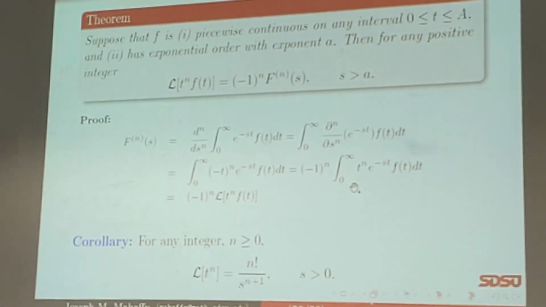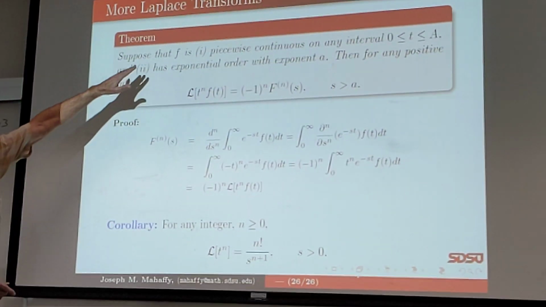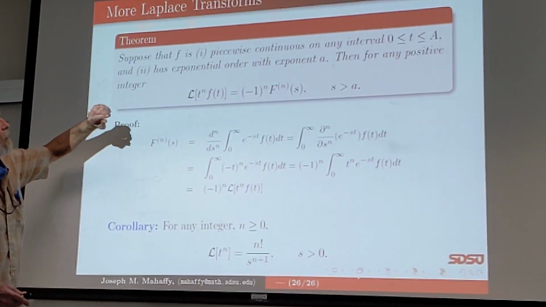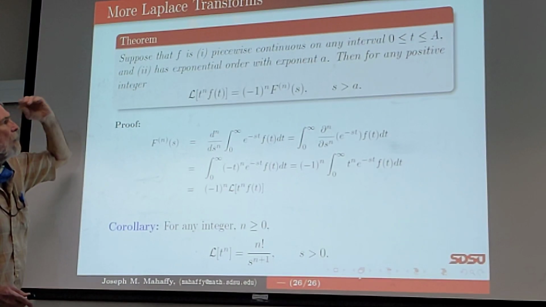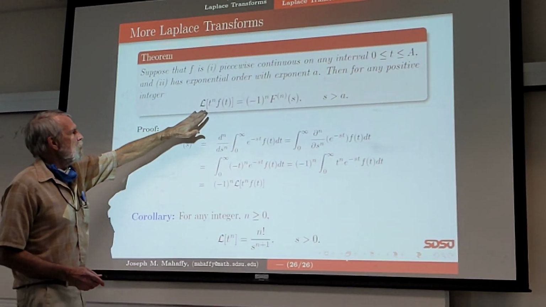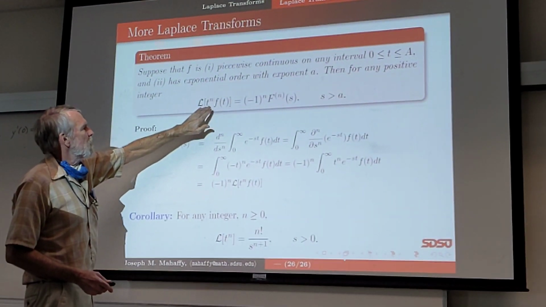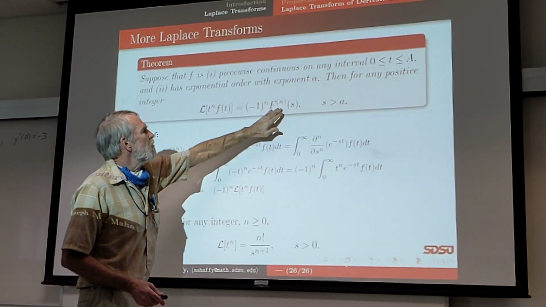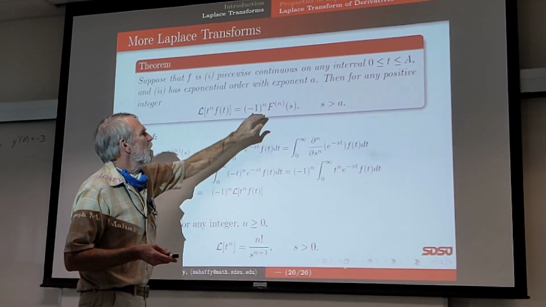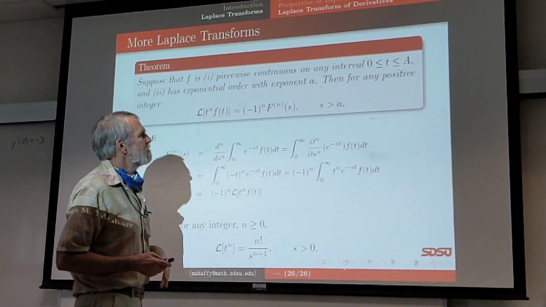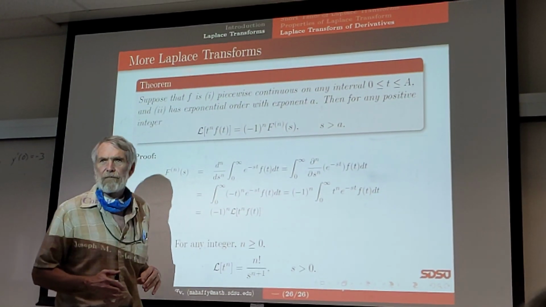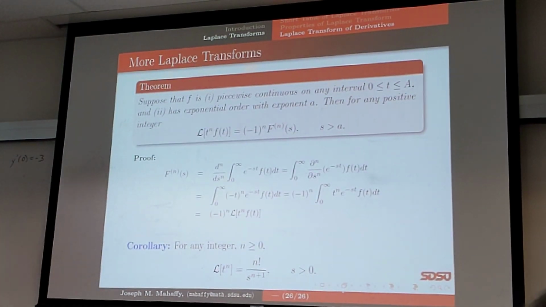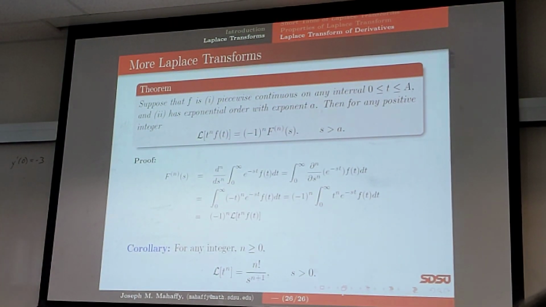There's one more theorem here in the sense that if f is piecewise continuous, of exponential order a, then if you take the Laplace transform of t to the n times f of t, it just becomes the nth derivative of the Laplace transform times (-1) to the n. And this one's not that useful, though I think it's on the review sheet to use this particular one.